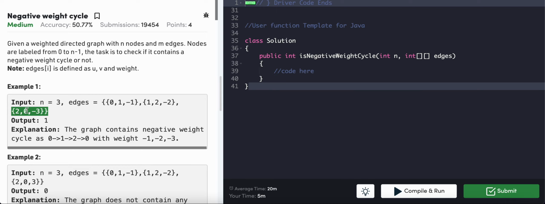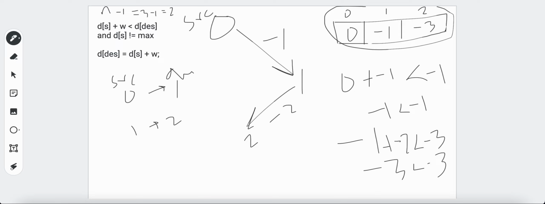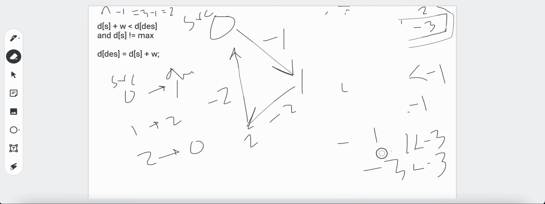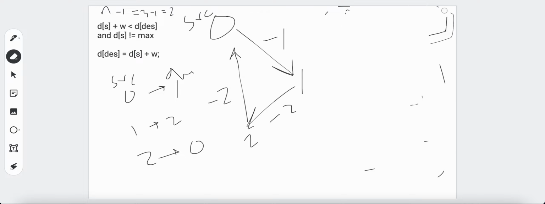So we are also having a 2 to 0 edge with weight minus 3. So we are having a source here and a weight of minus 2. Now we again have three nodes, so our relaxation step will be n minus 1 number of times.